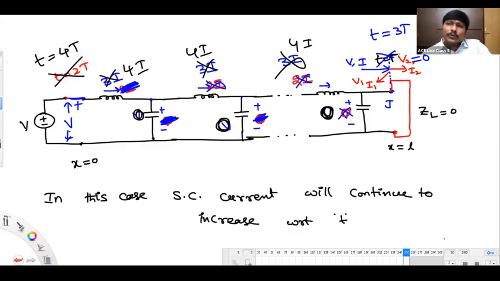The steady state analysis is needed to estimate the efficiency of the line, voltage regulation, maximum power transfer capacity of the line, ideal power transfer capacity, and how much loading we can keep on the transmission line. To know all these things, we have discussed the steady state analysis.